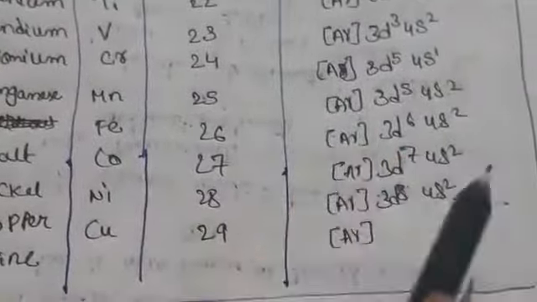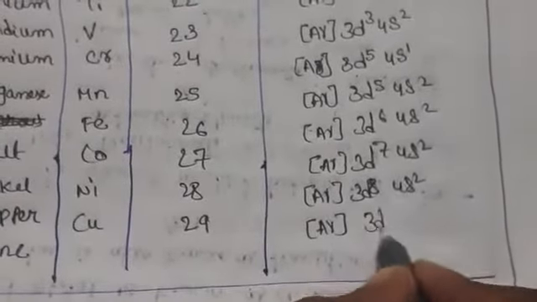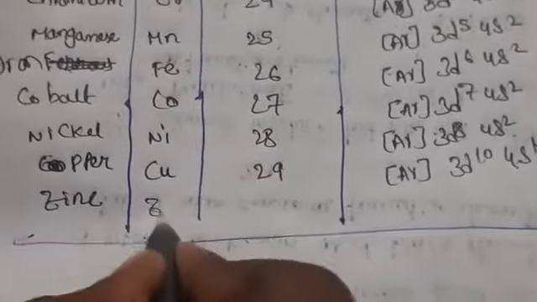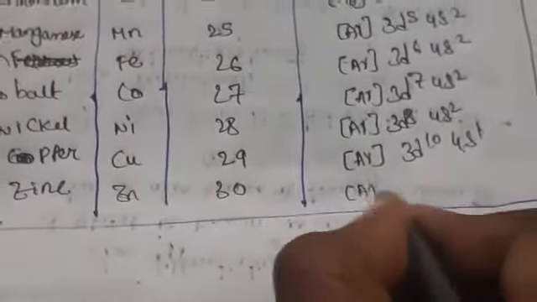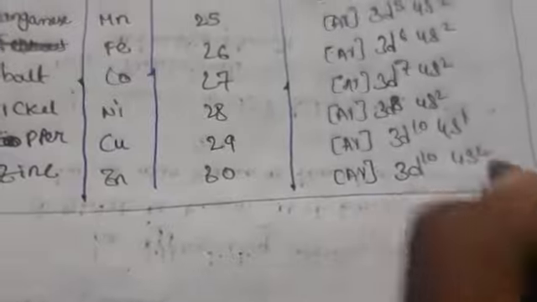Chromium is half filled, and here it is completely filled. Because of this, these two have more stability, so we write the configuration this way. Zinc is Zn, atomic number 30, with electronic configuration argon 3d10 4s2. So this is the 3d series electronic configuration.